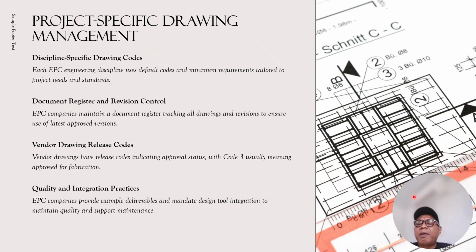So the EPC drawing practices are tailored to meet both international standards and project specification requirements. In engineering drawing, each engineering discipline, civil, mechanical, electrical, instrument, has its own set of default codes and requirements. The EPC company maintains the document register to track all documents, drawings, and revisions, ensuring that only the latest approved version is used. Vendor drawings are assigned release codes that indicate their approval status.